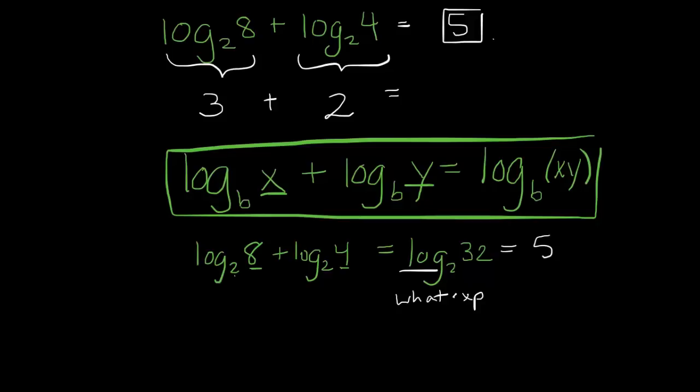Let's do another. Our next property is pretty similar. Let's say we have log base b of x, and this time we're going to subtract log base b of y. Can you guess how we're going to combine them into a single log this time?